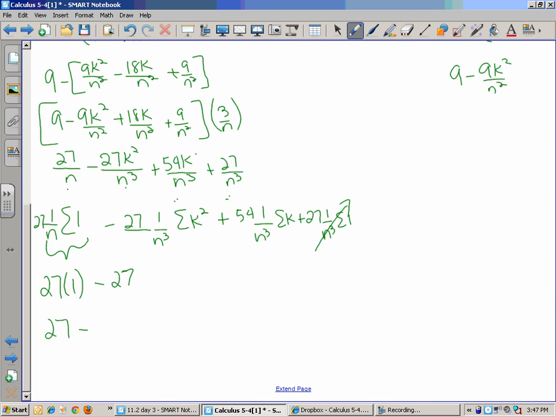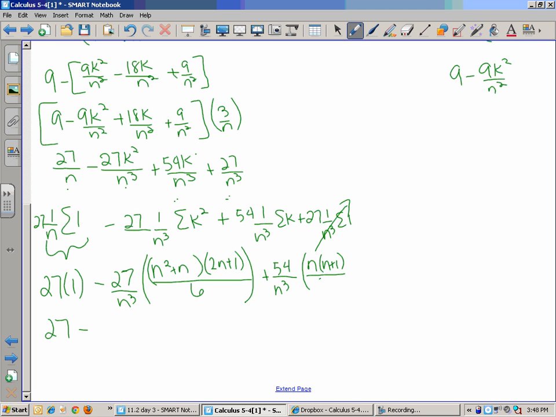This is 27 times the... 54 over n cubed times the formula for k, which is n times n plus 1 all over 2. And then plus 27 over n cubed times 1.